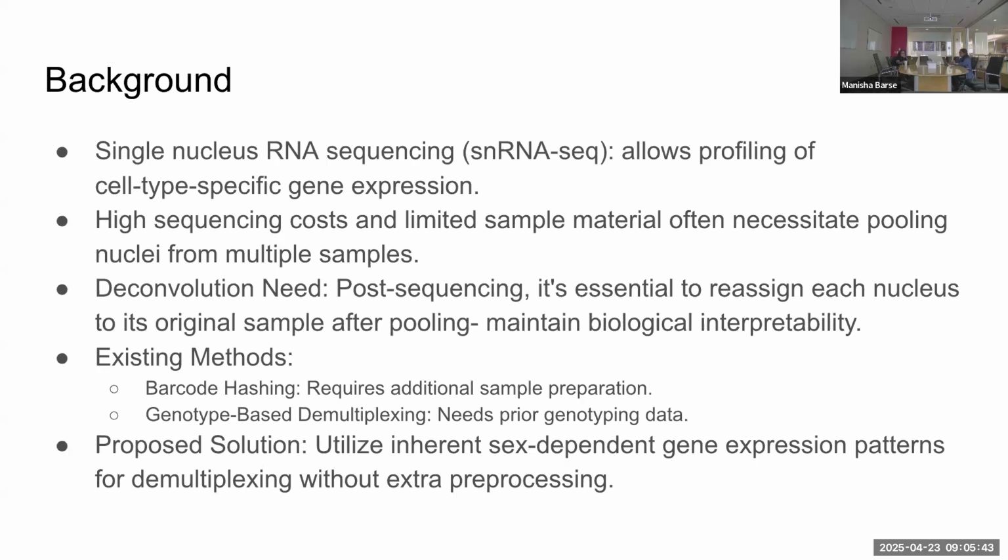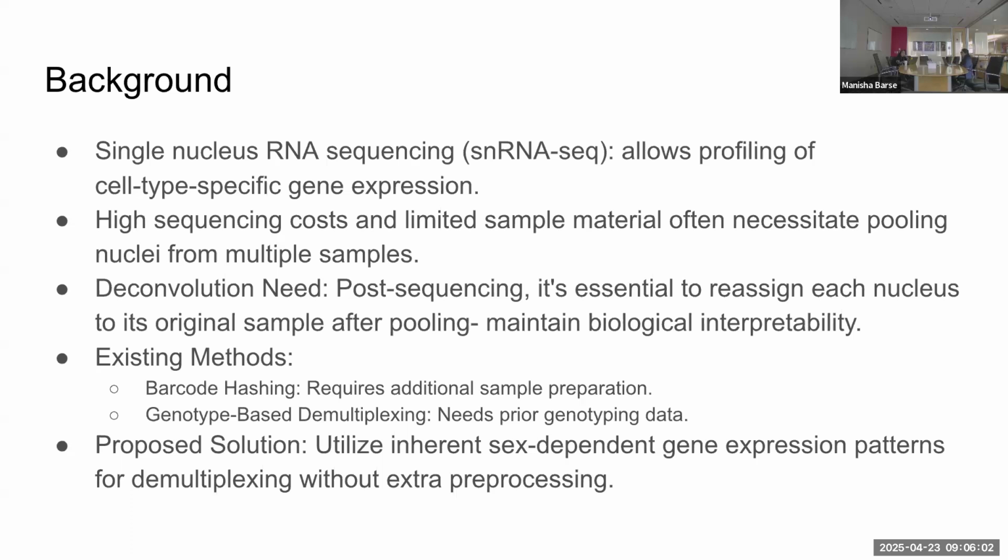So we need to demultiplex or deconvolute after the sequencing. This is basically to reassign each nucleus to its original sample after pooling, to maintain the biological interpretability.